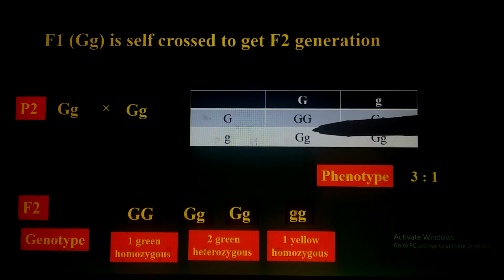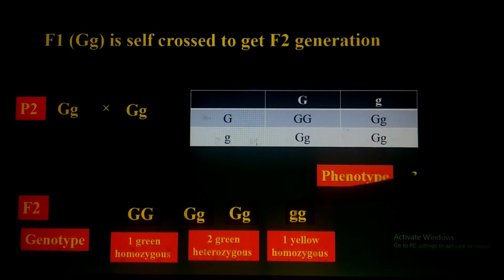Now this is also heterozygous green, and sorry, this was mistakenly written as capital G. Here it is small g, small g, small g. Is it clear? Small means recessive. So this is also like the first parental generation, meaning they are homozygous recessive.